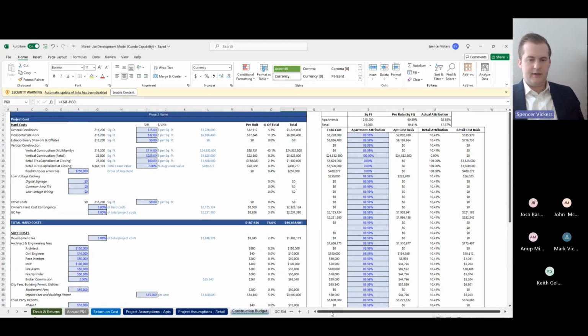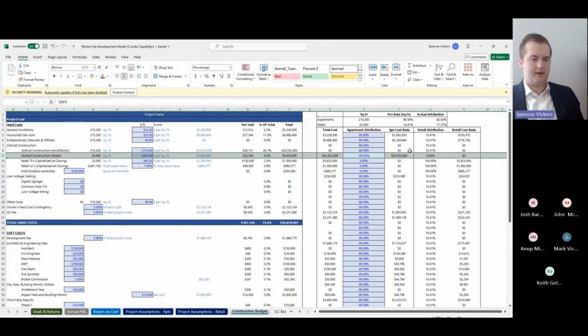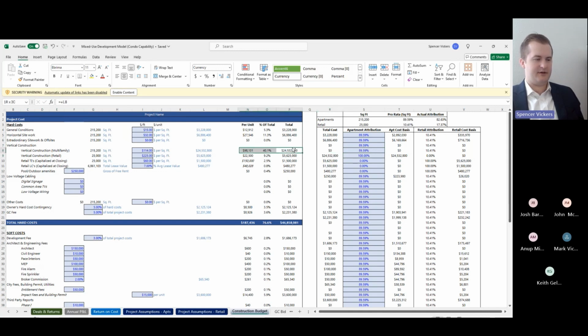So over here to the right is where the cost attribution is made. For the majority of the cost attribution, I just do it on a pro rata basis based on square footage. But for certain things like the vertical construction for the multifamily, I want all of that cost to flow to the multifamily.